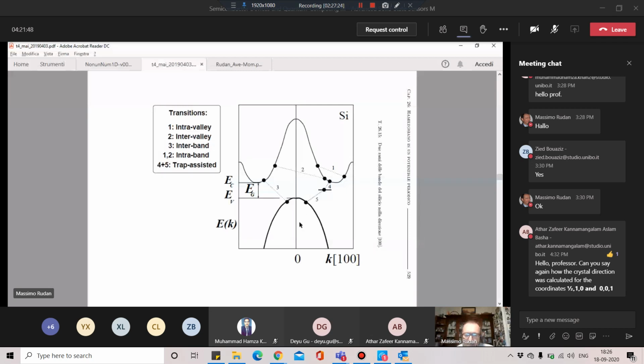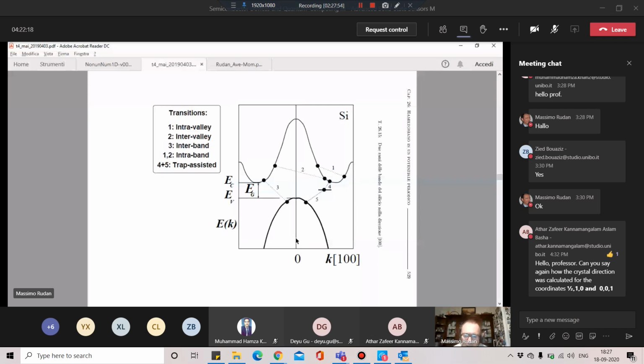Again, if we consider the lower branch, we have a maximum that is visible, EV, and then there is somewhere a minimum that is not shown. So also in this case, we have a band. This band also consists of energies that are accessible to the electrons because there is a branch.